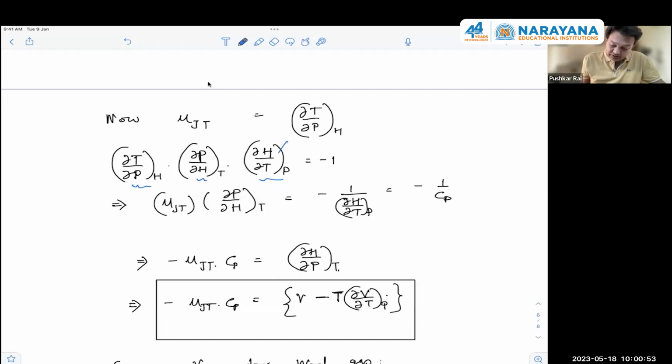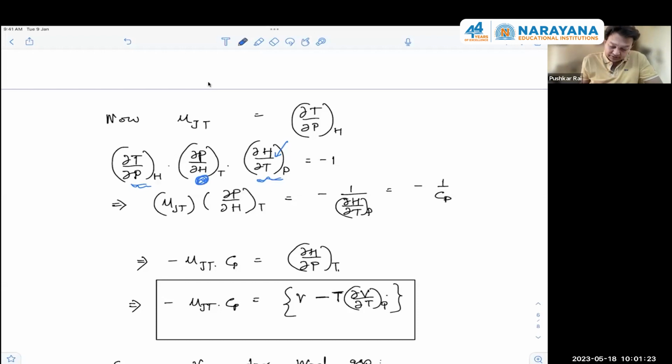One useful quantity is this, because it is related to Cp, del H by del T at constant P. We have removed this Cp from here. The rest of the other two quantities are not very useful, del T by del P and del P by del H. Sorry, del P by del H is not very useful, but del T by del P at constant H is very useful. So these two quantities are very useful. The middle quantity we have to manipulate.